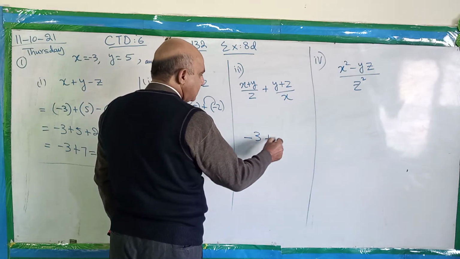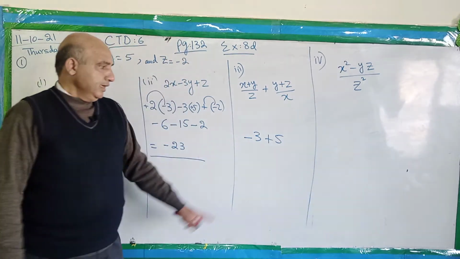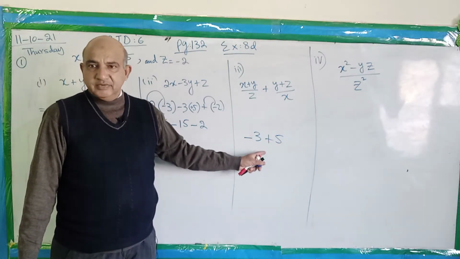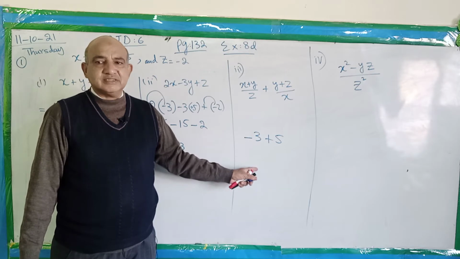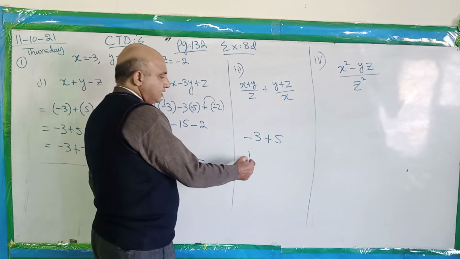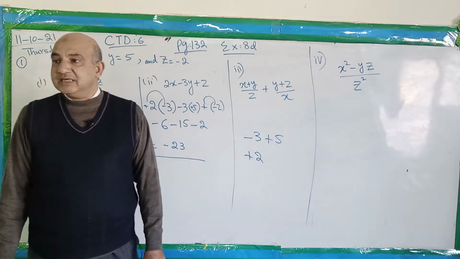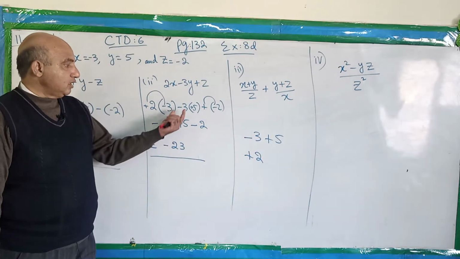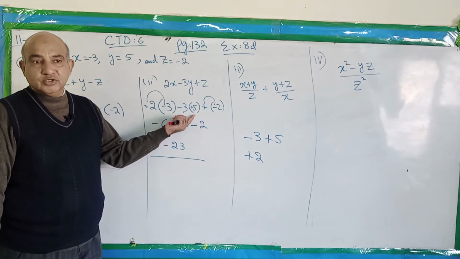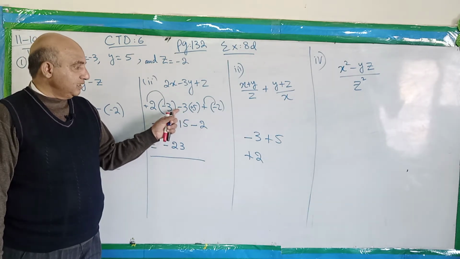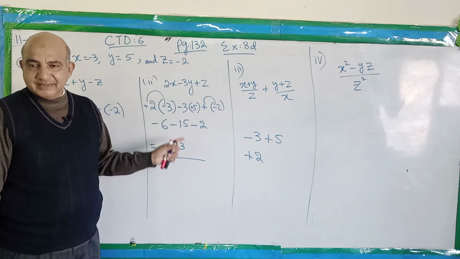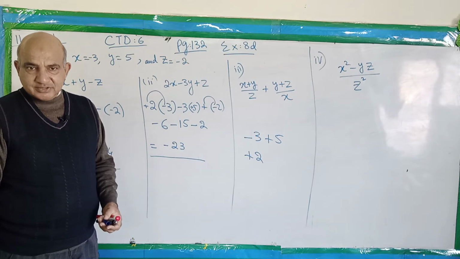Minus 3 plus 5: here, different signs, we will subtract, then we write the sign of the greater number, so we write plus 2, right? Because plus is the sign of the greater number. Here we are going to multiply, so we just multiply minus into plus, that is minus. Now it's clear?